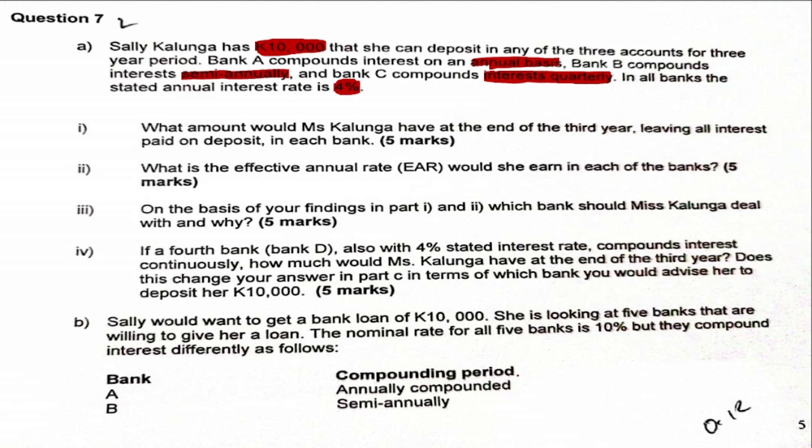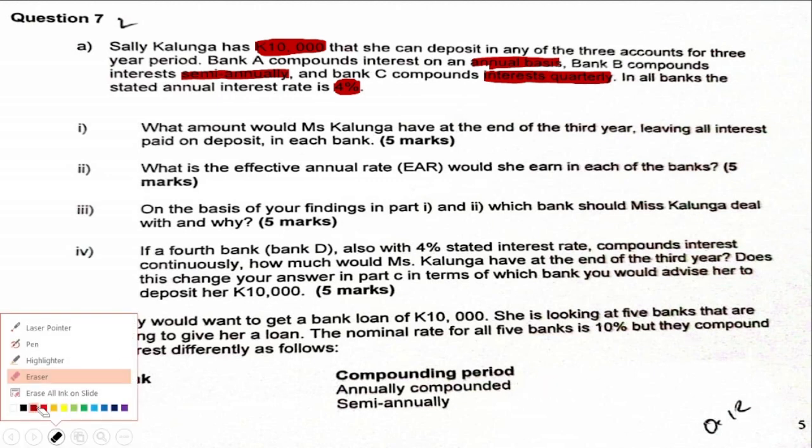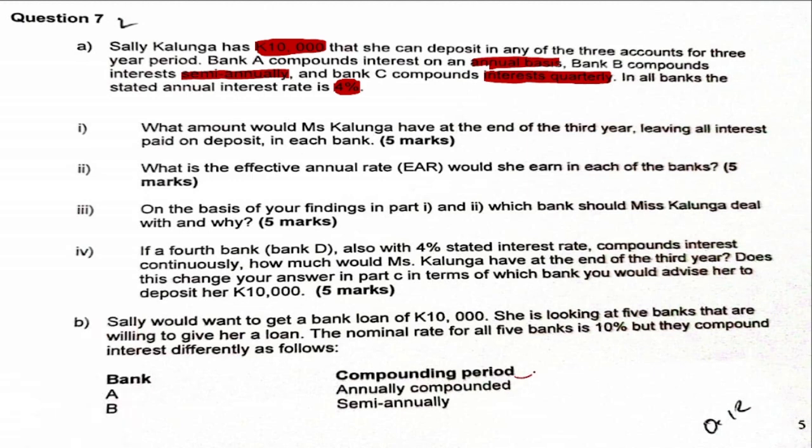Bank A is annually. Definitely if it's annually, the effective annual rate is also 10%.